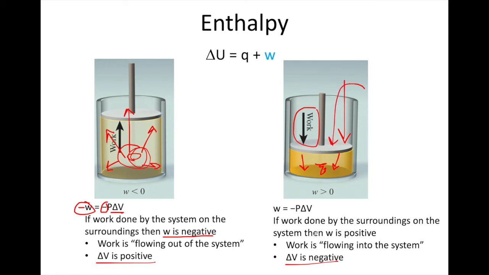And so in that case, we want W to have a positive value. So to counteract that negative delta V, we have that negative sign, which would give us a positive work value here. So the positives and negatives, of course, in work or heat, they just indicate the direction in which the work is being done or the direction in which the heat is flowing. So again, when work is being done by the surroundings on the system, we need a positive W, positive work.